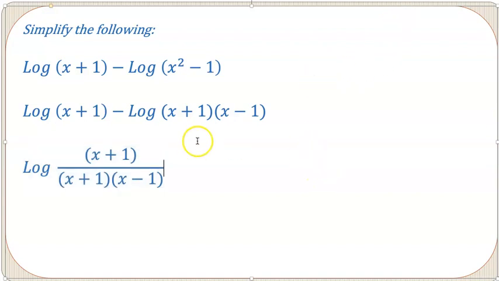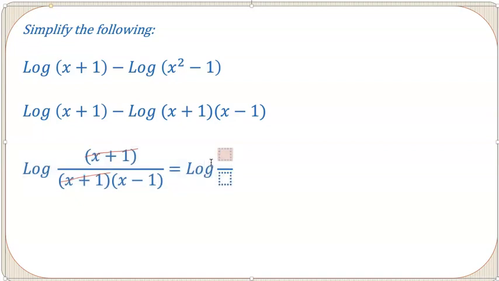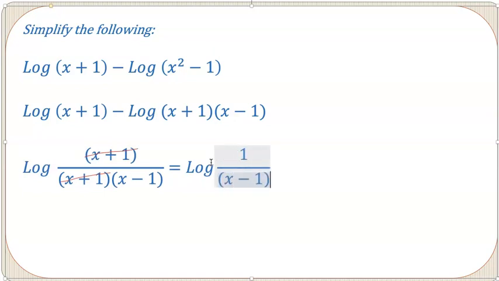At this point we should be able to see that we can cancel. We have x plus 1 here, we have x plus 1 here. If we cancel, we're left with log, and that's 1 over x minus 1.